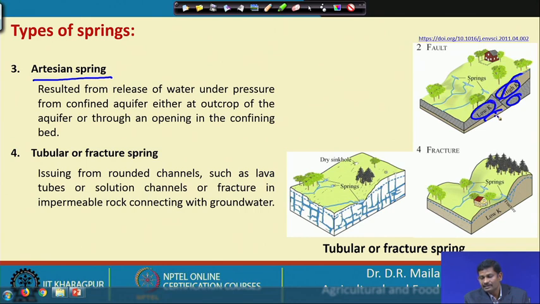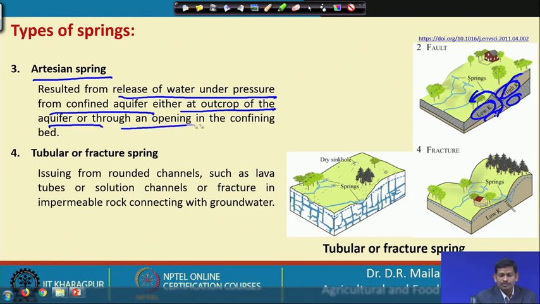And from here, this is high K. So, water from here and here will be oozed out here, because it cannot enter through this. So, this is the result of water under pressure from a confined aquifer, either at the outcrop of the aquifer or through an opening of the confining bed.